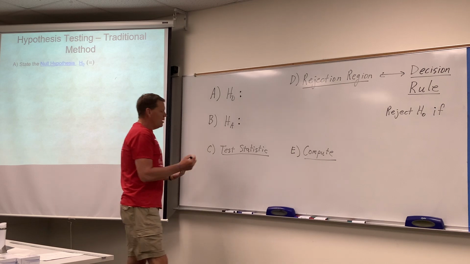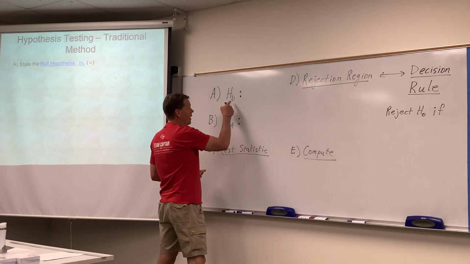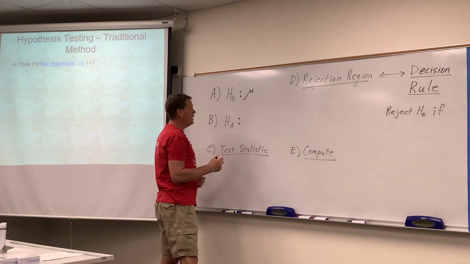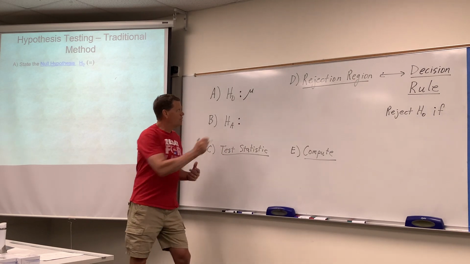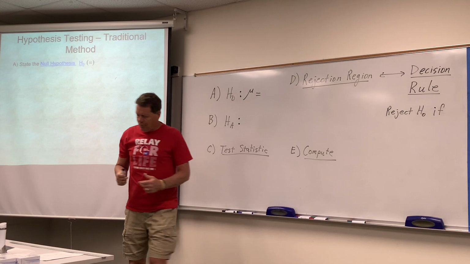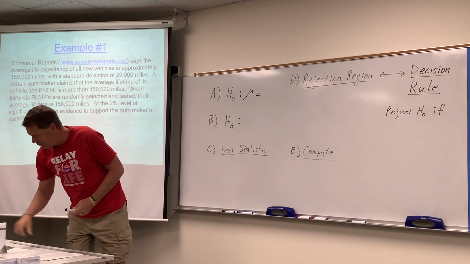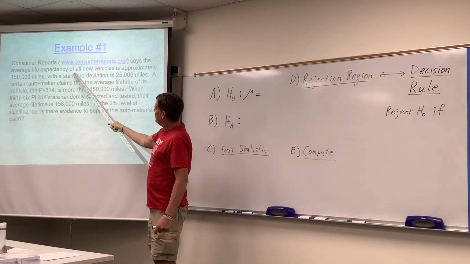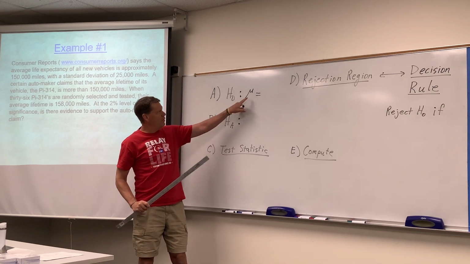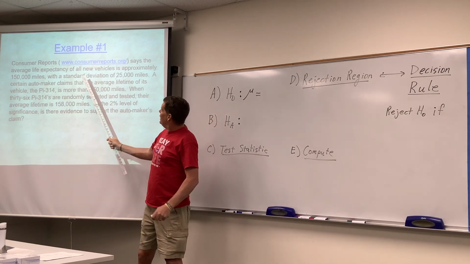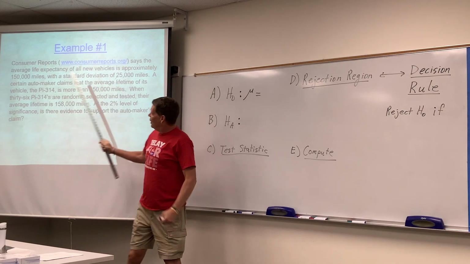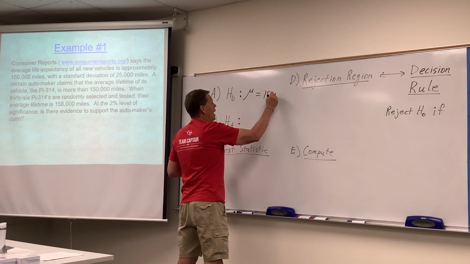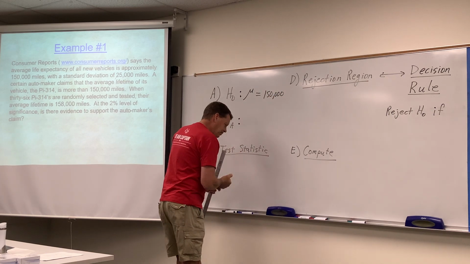And since they're talking about the mean of a population, that null hypothesis would be that mu, the mean of a population, is equal to, and if we go back to the question in that first sentence, Consumer Reports says that the average life expectancy of all new vehicles, the mean of a population, equals 150,000 miles.